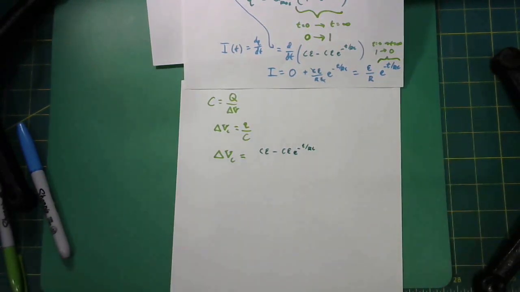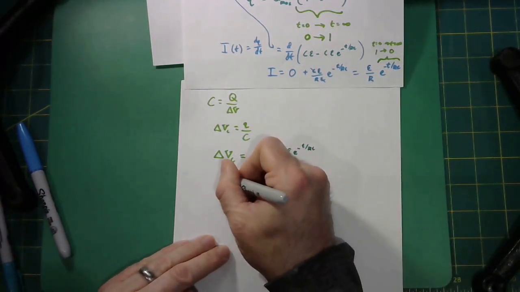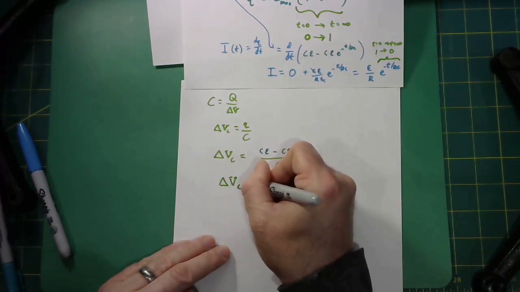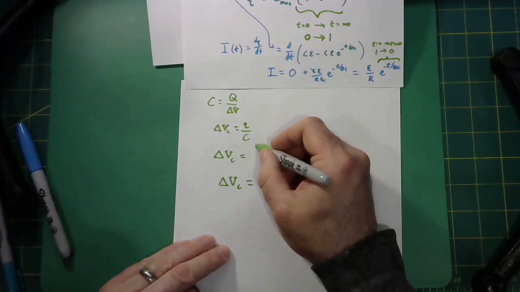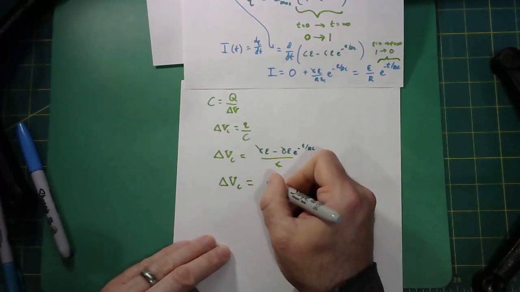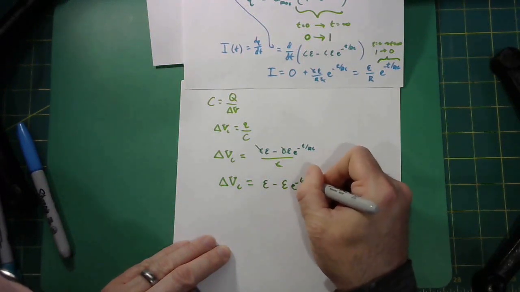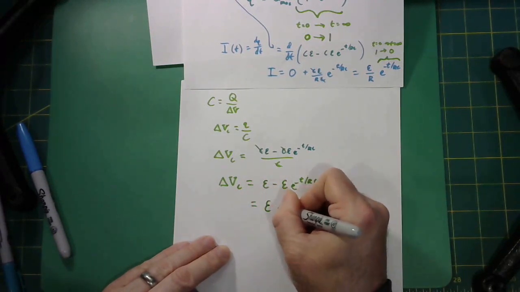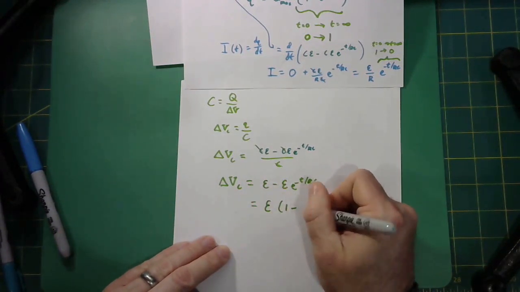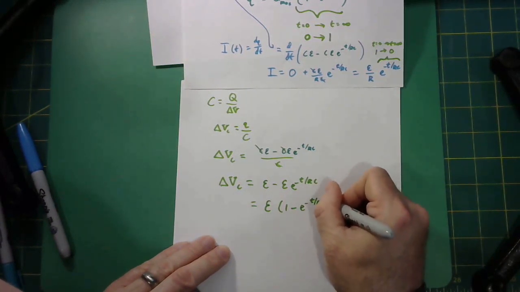But now I'm going to divide it by C. When I do that, the C's cancel. The one on the bottom cancels a C in every term up top. So what I end up with is EMF minus EMF e to the negative t over RC. Factor out that EMF: 1 minus e to the negative t over RC.